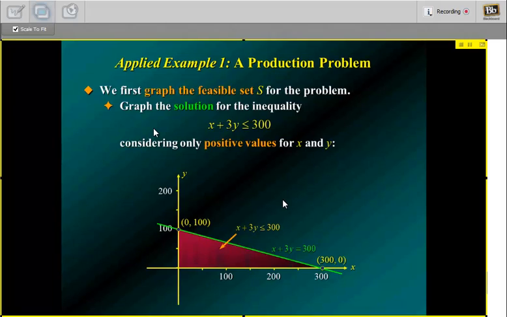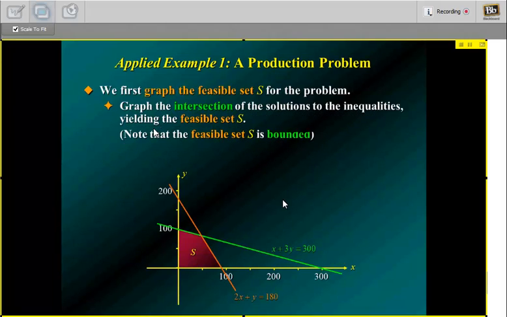Now next we will take the common feasible region, whatever is common between the 2 lines. The common feasible region is this. So we know the coordinates of each corner point except the final point, the intersection point.